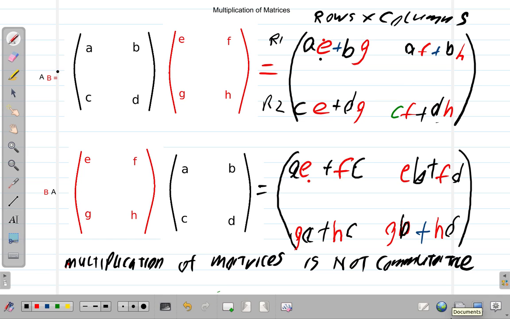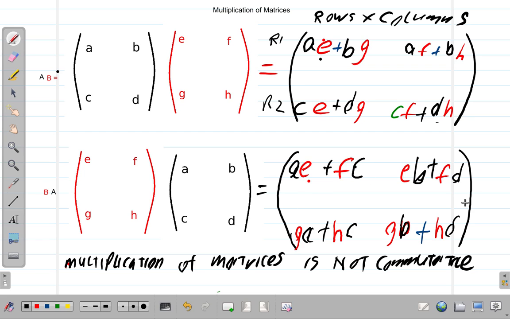If you switch them around in terms of the order that you multiply them, you get a different answer. Remember, with ordinary numbers like 2 by 3 you get 6, 3 by 2 you still get 6. That doesn't happen with matrices. Matrix A times matrix B is different from matrix B times matrix A. Alright, good. So we see it's not commutative.